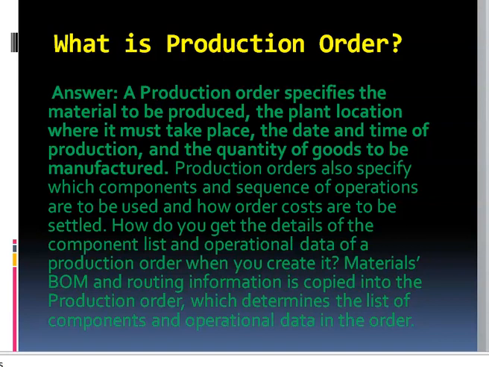How do you get the details of the components list and operational data of a production order? When you create it, the material BOM and routing information is copied into the production order, which determines the list of components and operational data in the order.